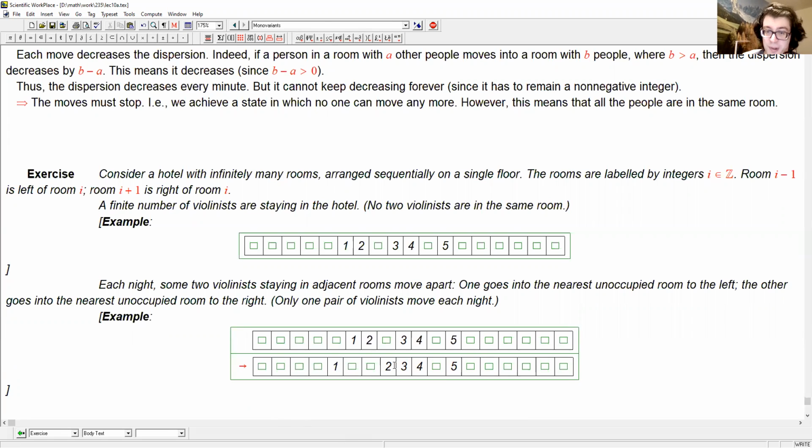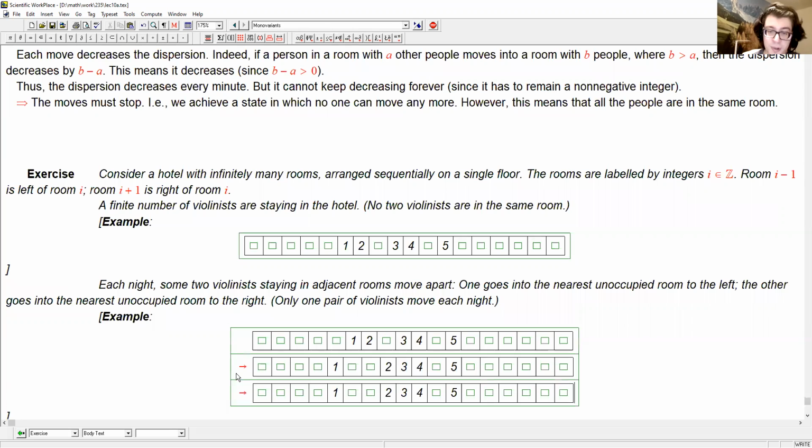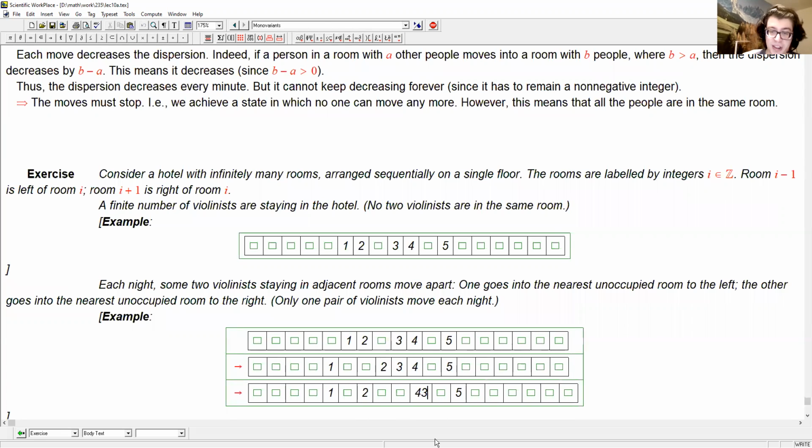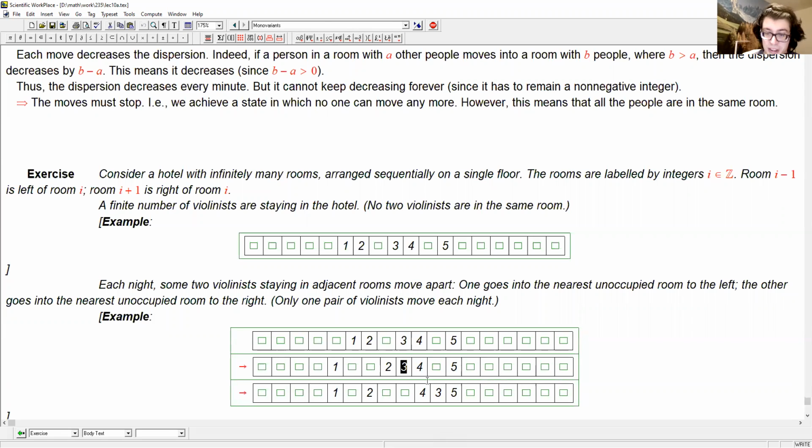Now we still have noisy neighbors. So these 2 pairs want to move apart. Let's say that this pair is the first one to move apart. So on the next day, 2 has moved left and 3 has moved right. And moving right in this case means jumping over 4 because it goes into the nearest unoccupied room on the right.